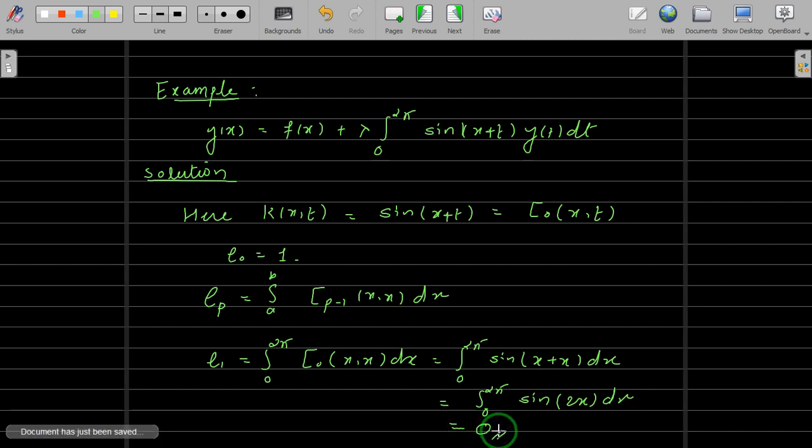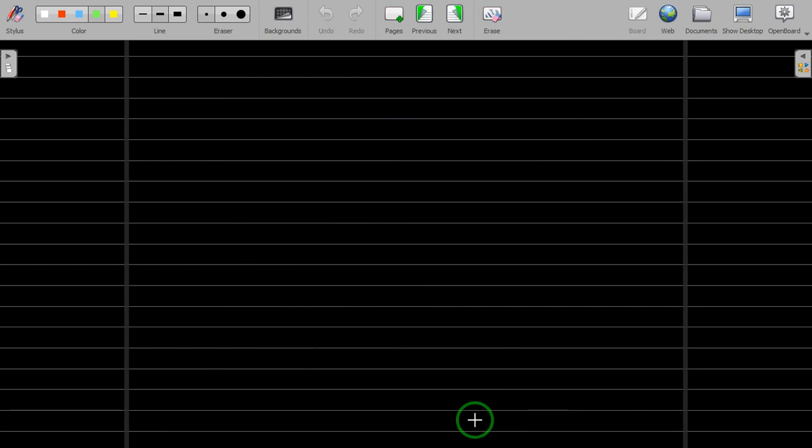So your c1 is 0, and to find capital C1 we are using small c1.